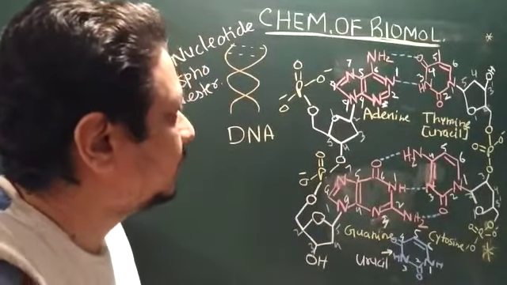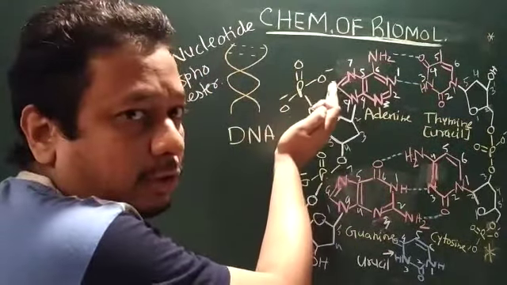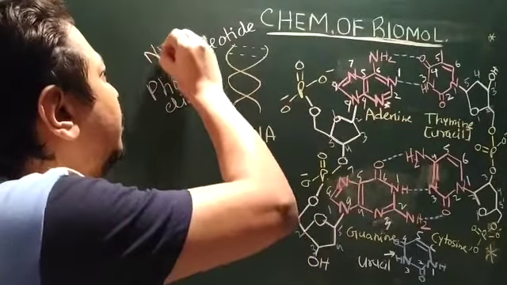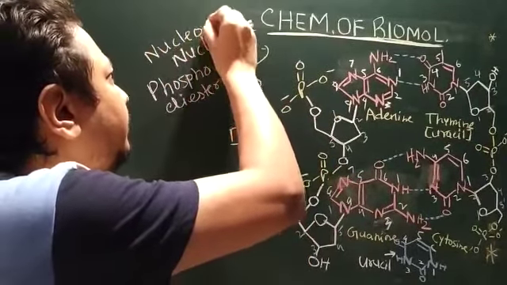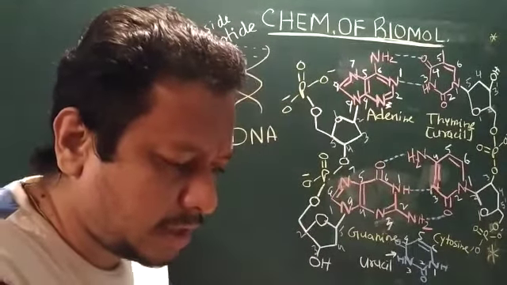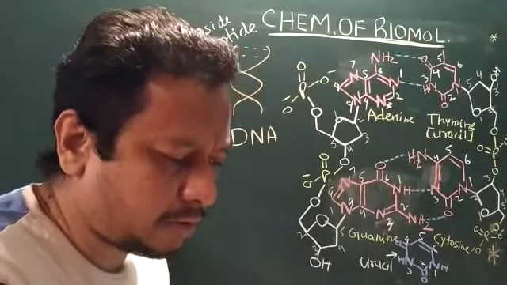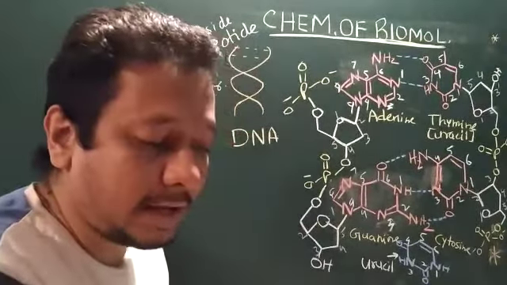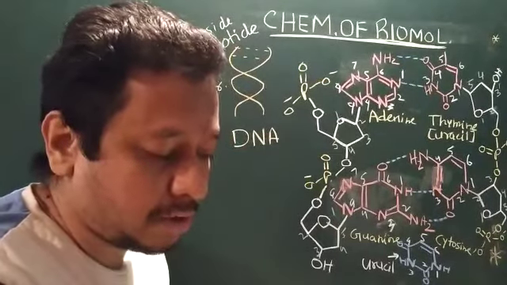So now this is a nucleotide. If you remove the phosphate group of a DNA nucleotide, the nucleotide becomes a nucleoside. Nucleotides are organic molecules consisting of a nucleoside and a phosphate group. Nucleosides are N-glycosides of nitrogen base.